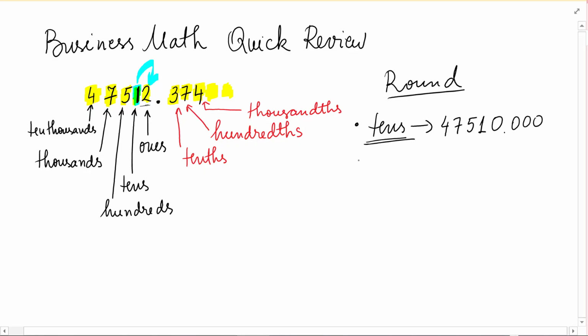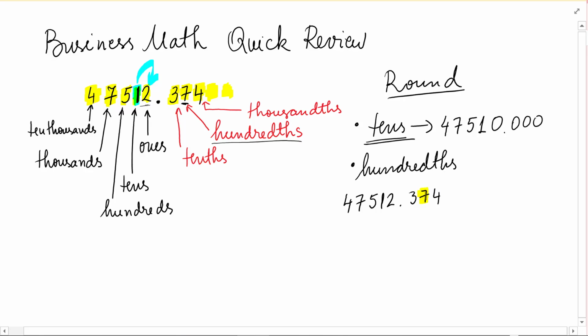Now, let's try one more. Let's say we want to round it to the nearest hundredths, right? This position. So we want the second decimal after the decimal point. So I'm going to write again the number. So nothing changes. We write the original number. I said I wanted the nearest hundredth. So I want to find what digit is that one? It's 7.